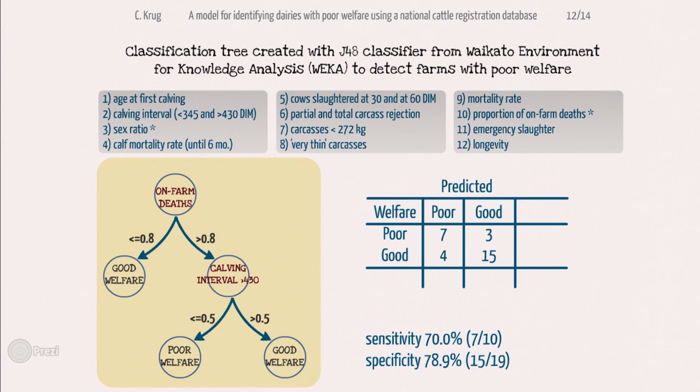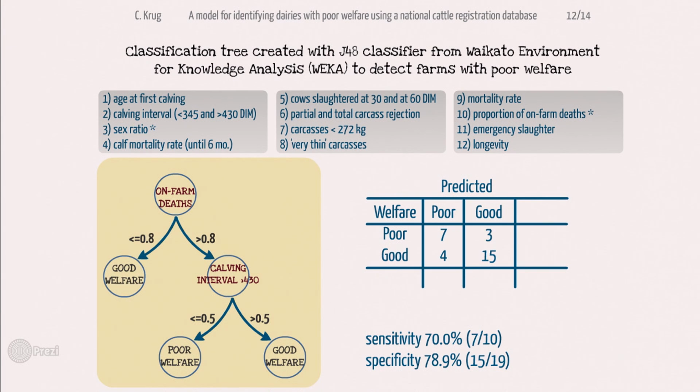And so the program selected on-farm deaths and calving interval higher than 430 days. And so it says it's a decision tree that you can see here. This is the model. And so it says that if the proportion of on-farm deaths is lower than 80%, then the farm probably has good welfare.